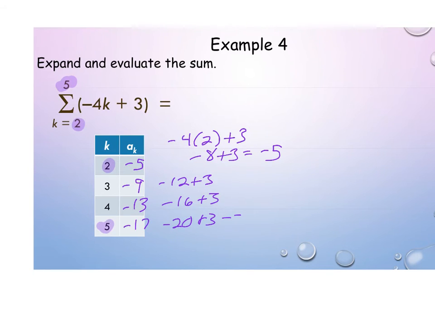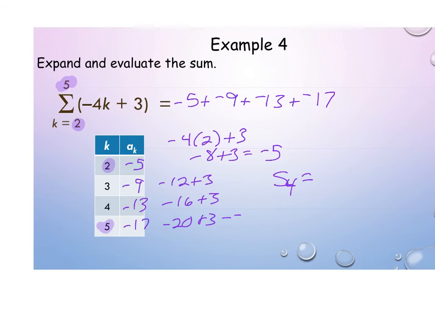All right, so I write this out. Negative 5 plus negative 9 plus negative 13 plus negative 17. All right, expand and evaluate. So with 4 terms, feel free to just add them up. You can plug it into the formula if you want to. There's actually only 4 terms, right?